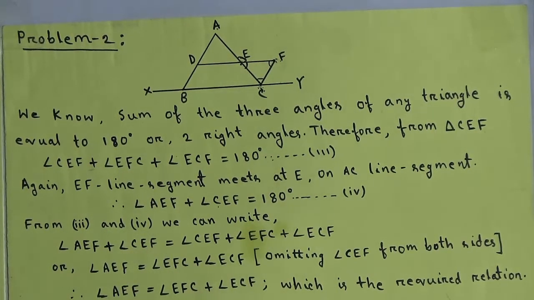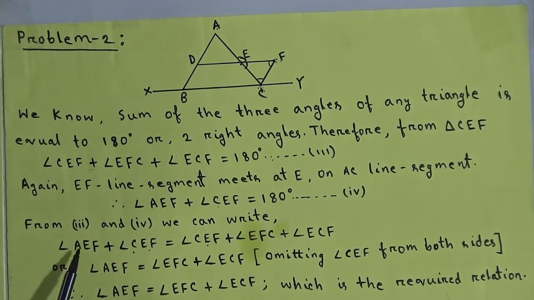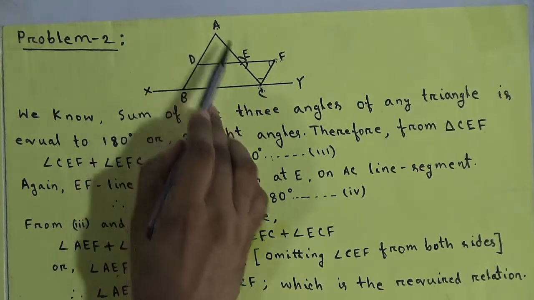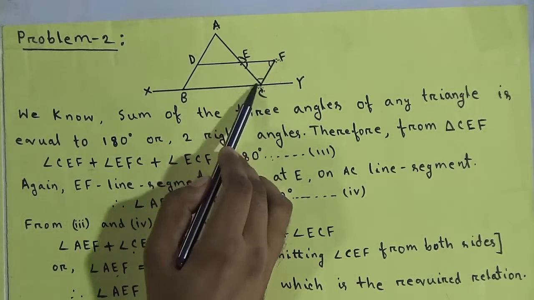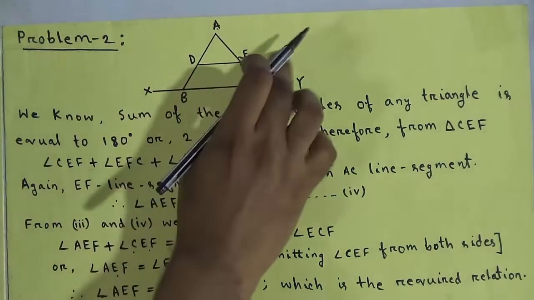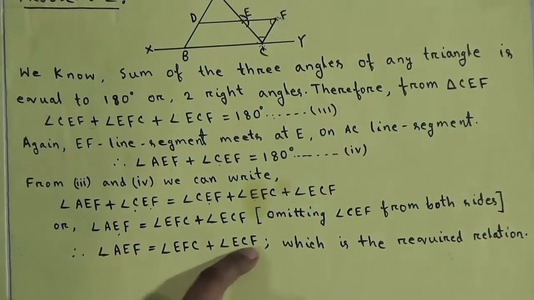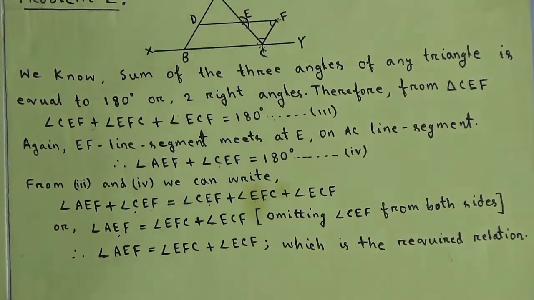In both sides angle CEF exists, so we can omit angle CEF from both sides. Then only angle AEF remains on the left side, and angles EFC and ECF on the right side. So AEF equals EFC plus ECF. This is the relationship between the exterior angle AEF and the other two interior angles, which is the required relation.